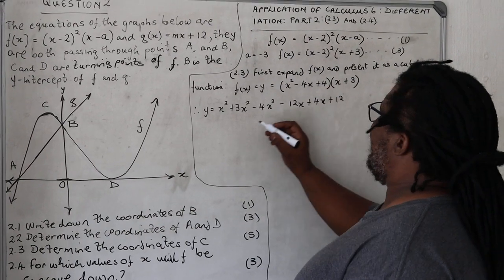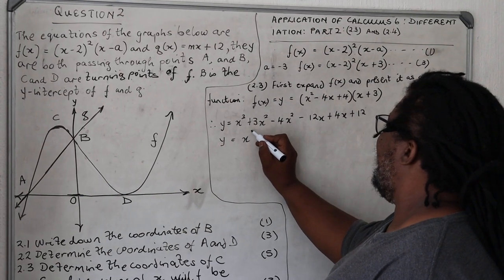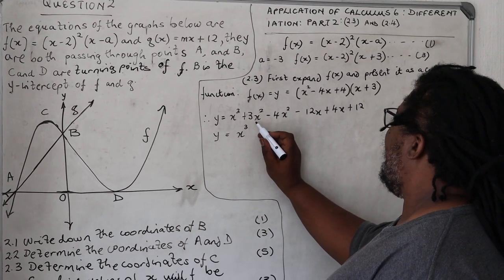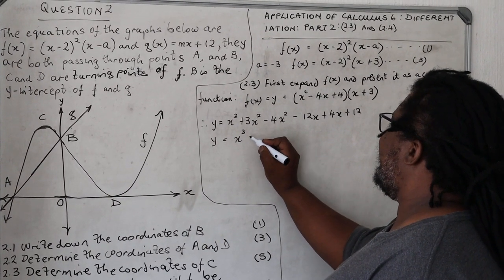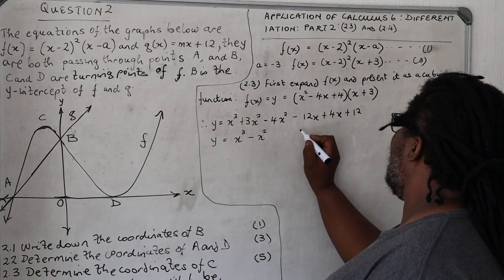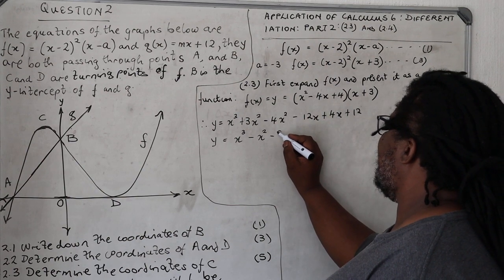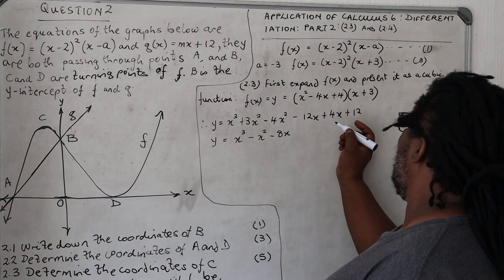Then we can say y is equal to x cubed plus 3x squared minus 4x squared gives us minus x squared, and minus 12x plus 4x gives us minus 8x, plus 12.